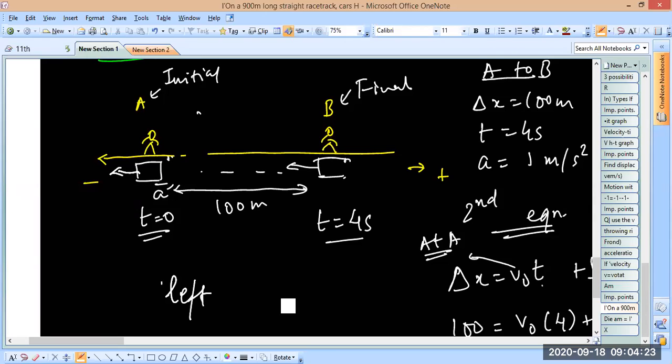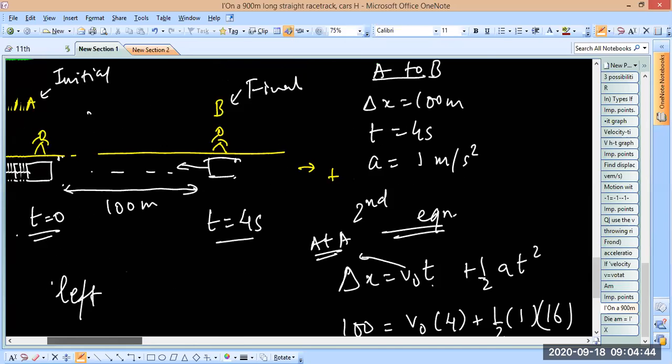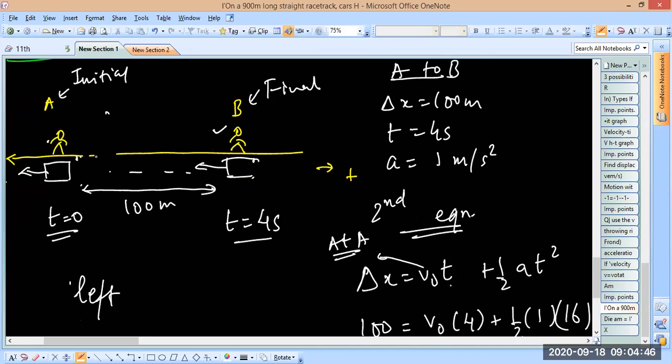Then we would have got opposite answers: instead of 23 at A, we'll get 27 at A and 23 at B. If the vehicle would cross B first and then A, it would be vice versa.